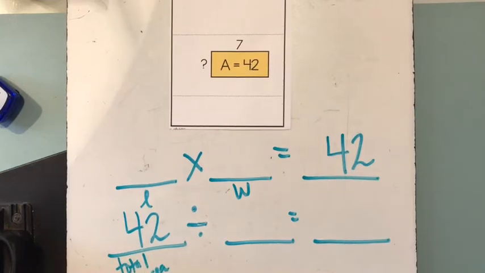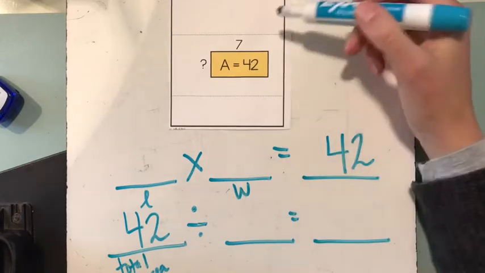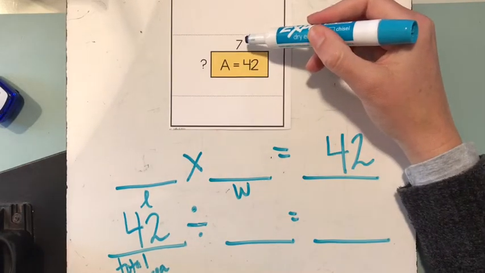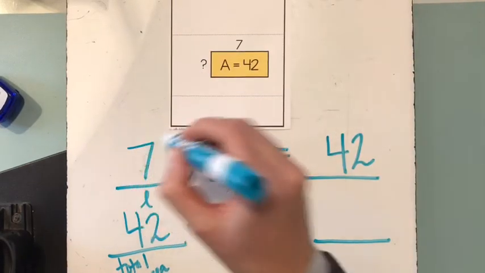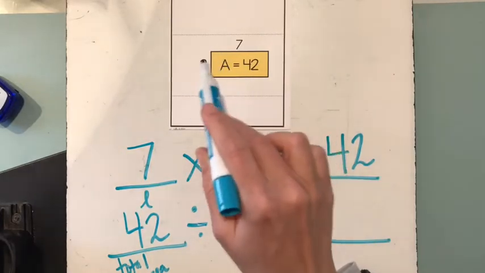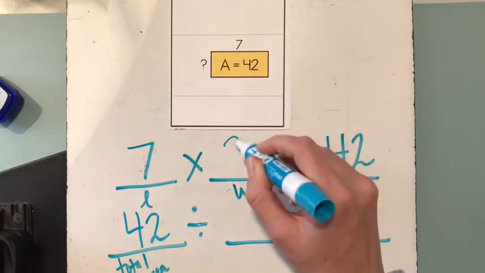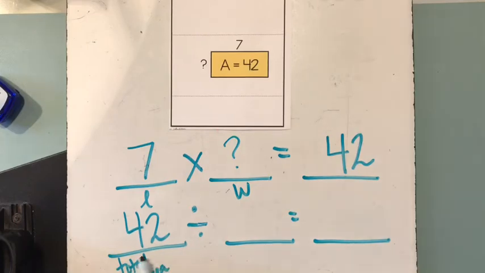Do I know my length or my width? I do know my length, and the length is what? 7. So I'm trying to figure out this mystery width here. The mystery width. Now I can fill in my division problem so I can find that width.